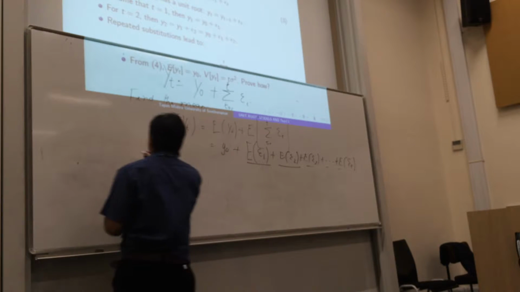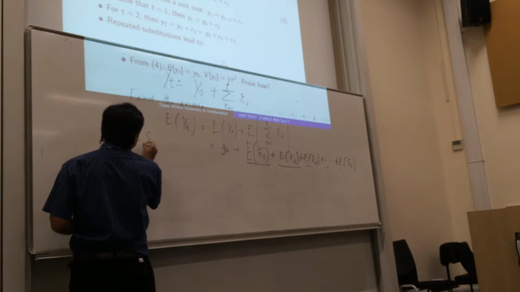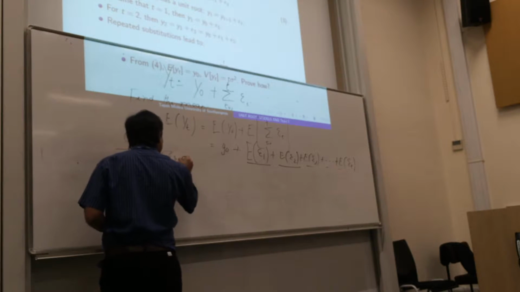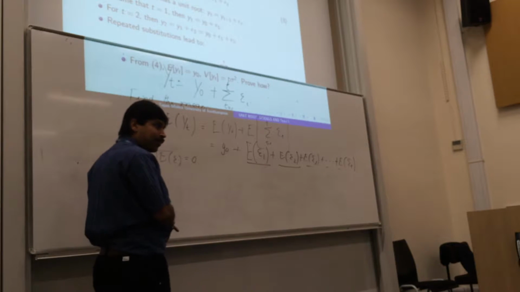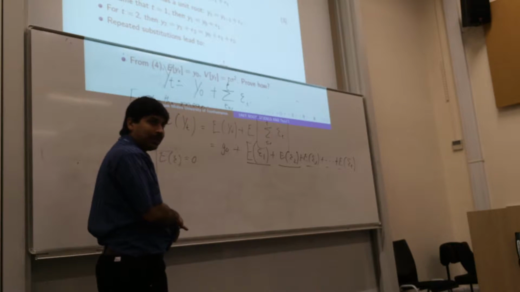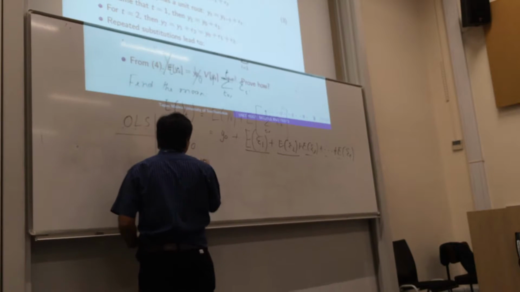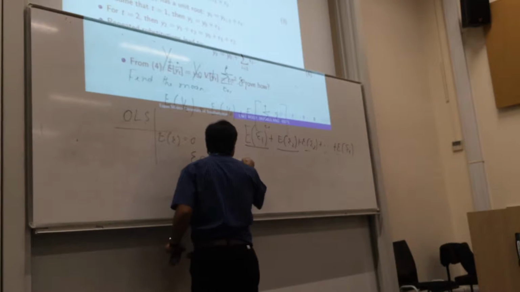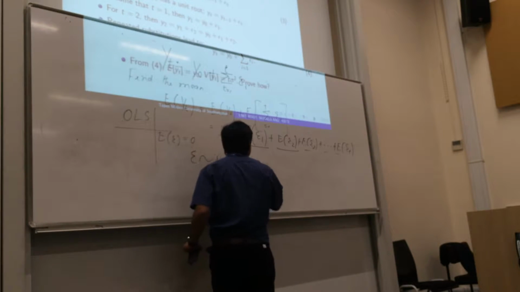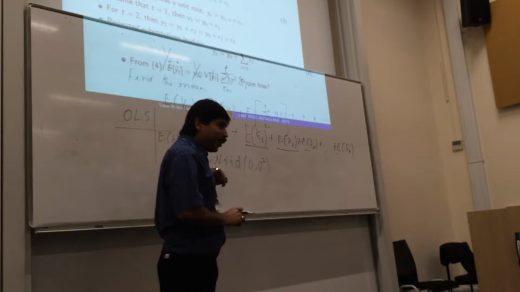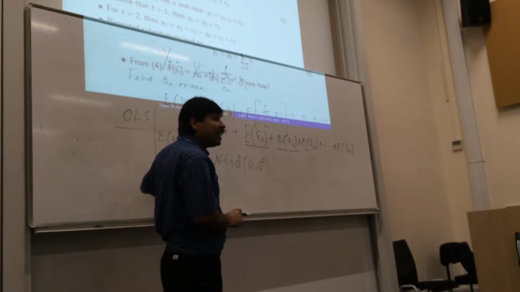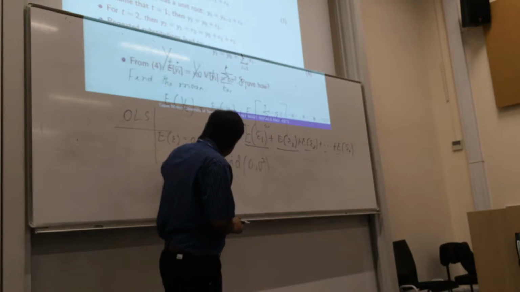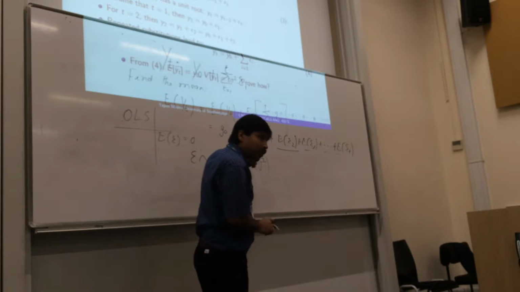From OLS, ordinary least squares regression, one of the basic assumptions is that the expectation of the error term is always 0. How did you know? Because I also told you that the error term is independently, identically distributed with mean 0 and variance sigma square. From classical linear regression, we knew the error term is IID, so it has mean 0.